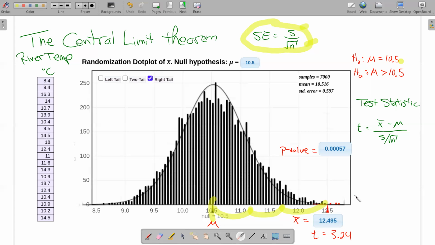To figure out how far is too far, you have to run a hypothesis test. Part of that is calculating what's called the test statistic. Now, in general, a test statistic is the value from the sample. So here, my X bar is my sample statistic. So you take your sample statistic, you subtract whatever the value from the null hypothesis is, and then you divide by your standard error.